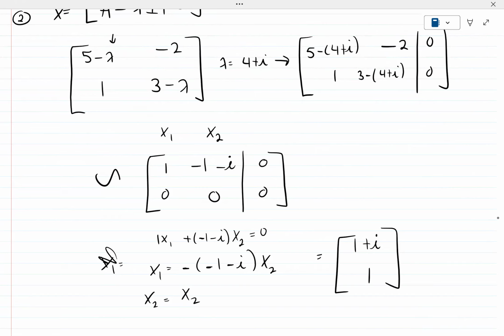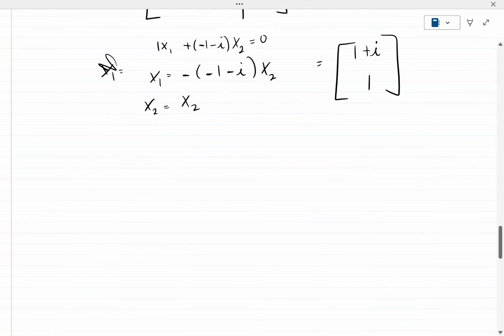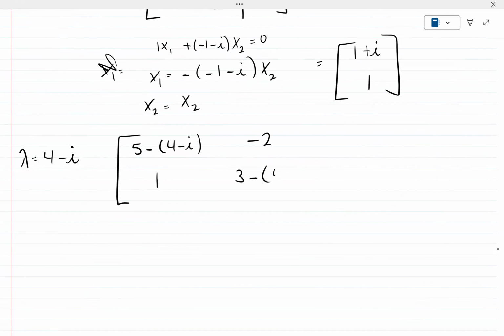Now we have to do this because we had two lambdas, and my second lambda was 4 minus i. So we have to do the same process for 4 minus i. When you do that, you get 5 minus (4 minus i), 1, negative 2, and 3 minus (4 minus i), augmented with 0, 0.